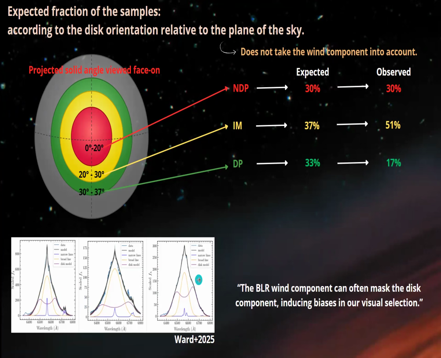So this additional component masks the disk and introduces this bias in our visual selection. So our DP sample are the most inclined ones without this additional component. And in our interpretation, this additional component is associated with higher Eddington ratios.